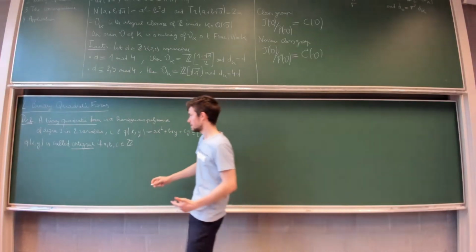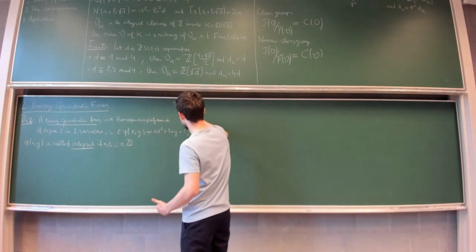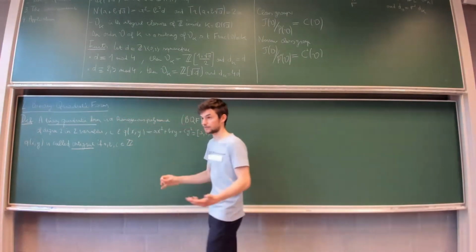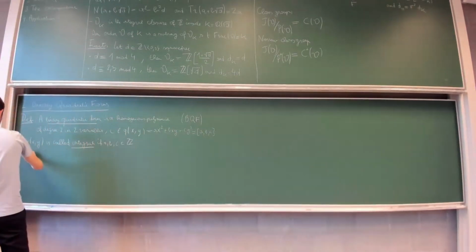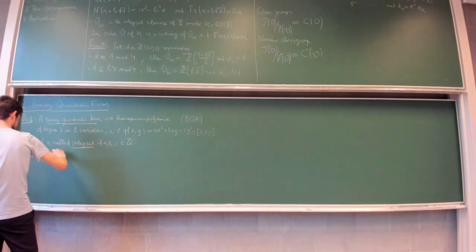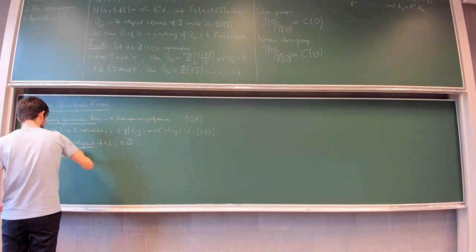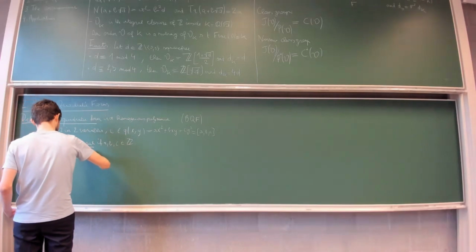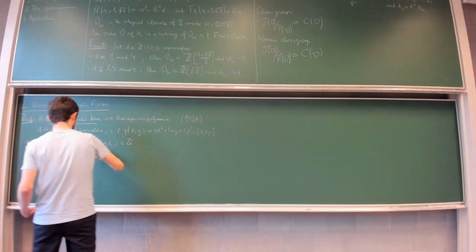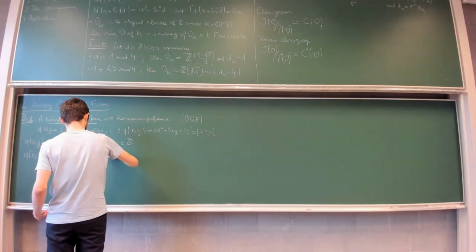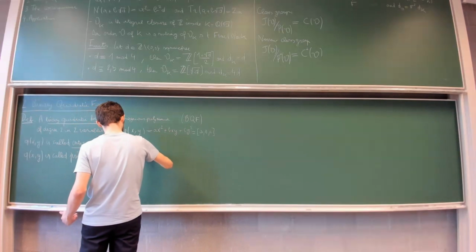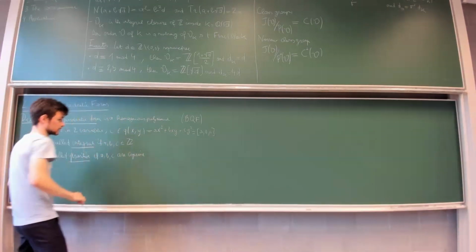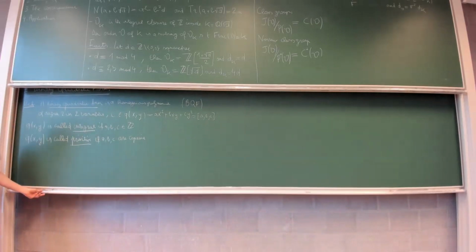So I will usually denote this by BQF, simply binary quadratic form, but I really mean an integral one. And then a form is called primitive if its coefficients are coprime. Those are the introductory definitions I want to give.